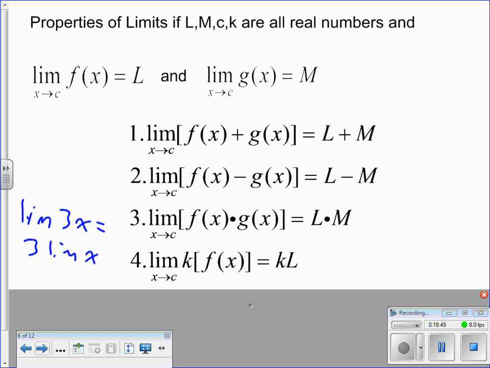I can pull that constant out and find the limit, and that might be easier. Okay, there are times pulling a constant out will make your life a lot easier because then you don't have to worry about it and just stick it back on when you're done doing your work. Okay, that is a very useful tool. Not always, but often.